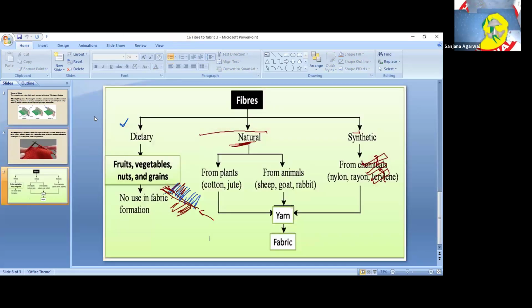Go through this chart quickly, then we'll share the worksheet to practice. Done? Nishika, is that done? Yes, ma'am.